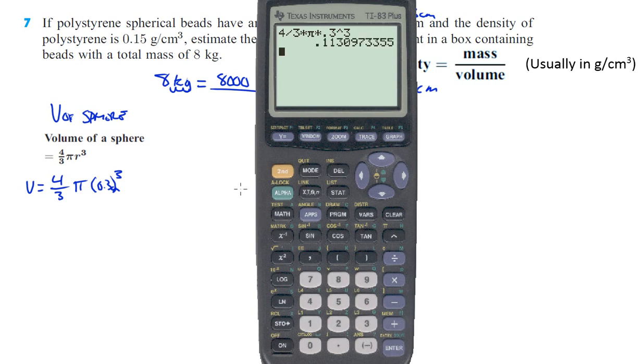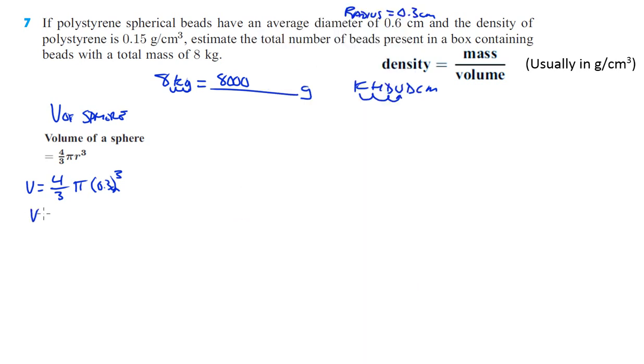And that gives us 0.1131, and that's centimeters cubed. So that's how much volume one of those little spherical beads takes up. It's really small.